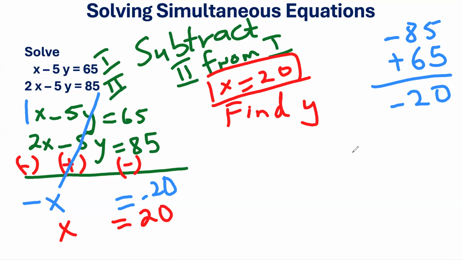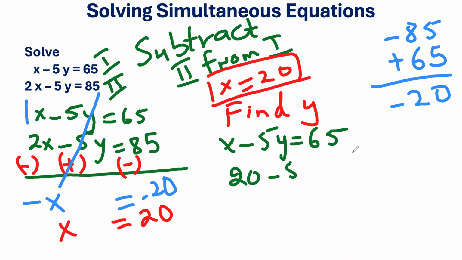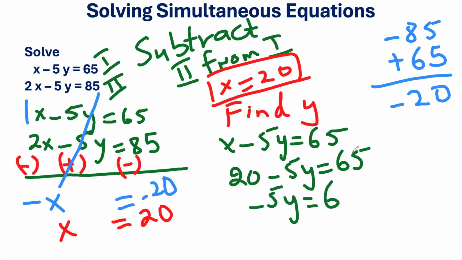Let's take equation number 1, x minus 5y equals 65. You have to substitute x equals 20, so 20 minus 5y equals 65. Solving it further, we are finding y. Minus 5y will remain on this side and 20 will go on another side. So 20 will become minus 20.